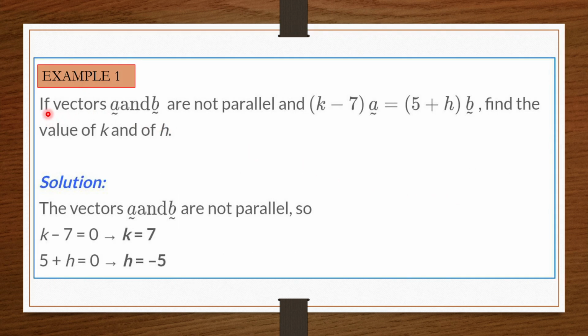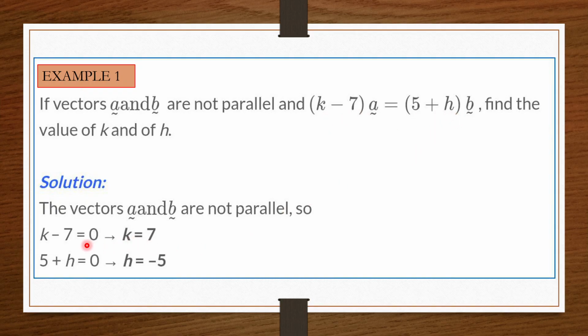Example 1. If vectors a and b are not parallel and (k minus 7)a equals (5 plus h)b, find the value of k and h. In this case, vector a and vector b are not parallel. Therefore, the coefficient of vector a and vector b equals 0.